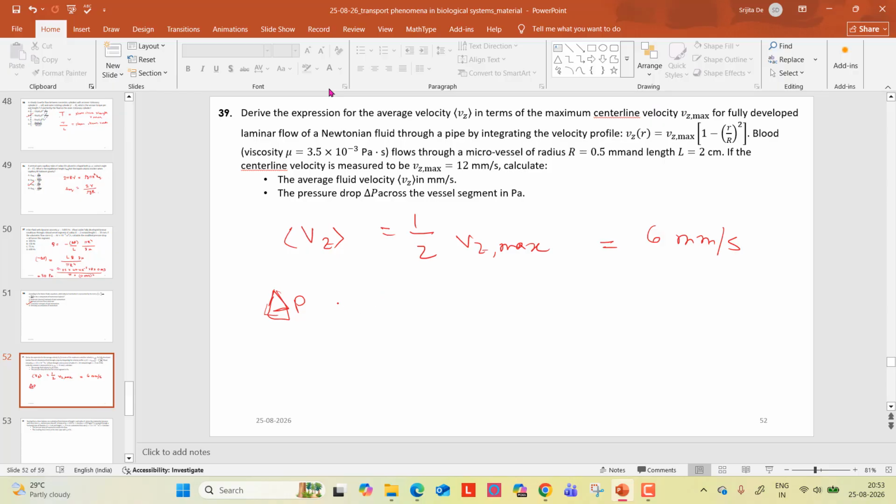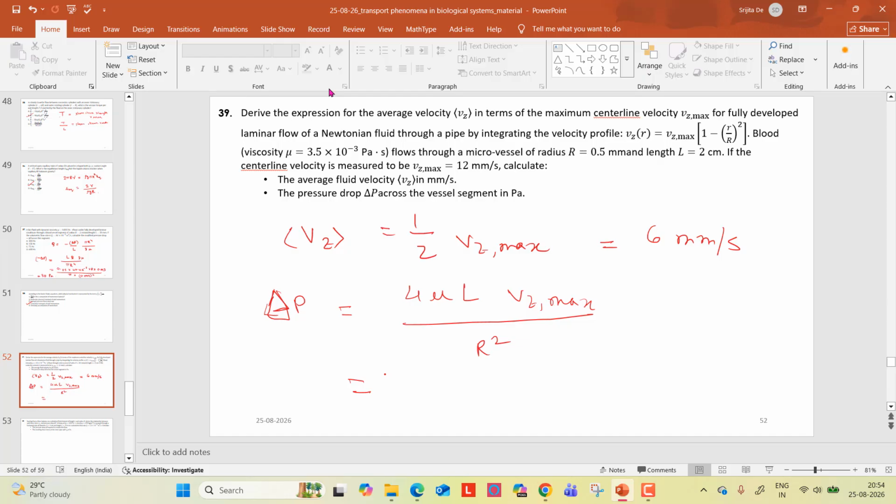From the Vz max expression, if you remember, it is delta P equals 4 mu L Vz max divided by R square. Go back to the derivation where I have calculated the Vz max and now calculate this. So everything is given, so I'm just directly calculating.